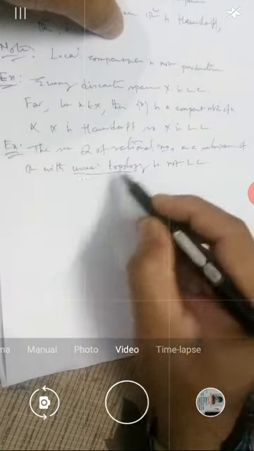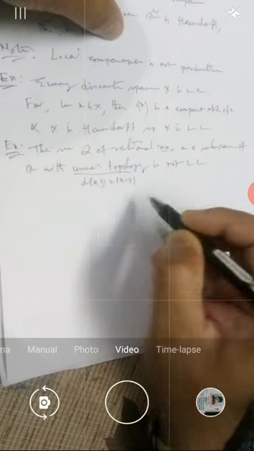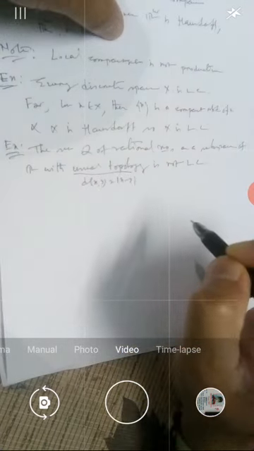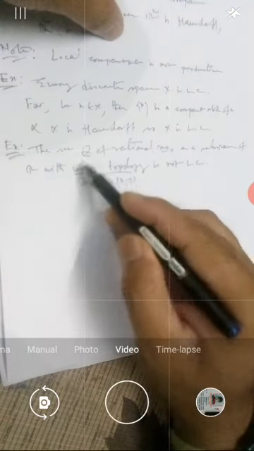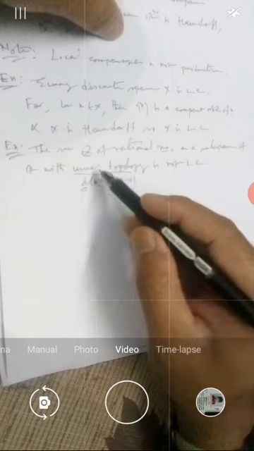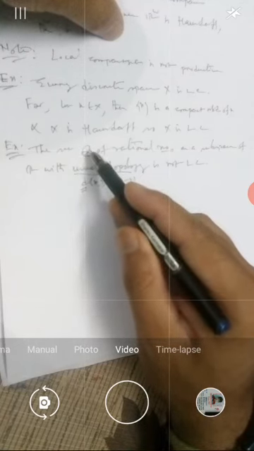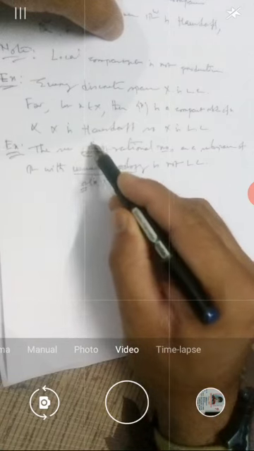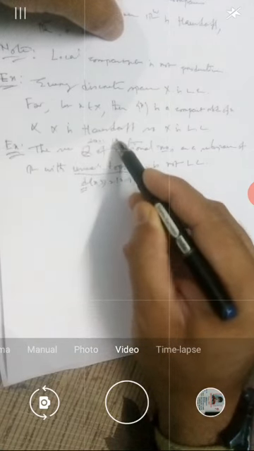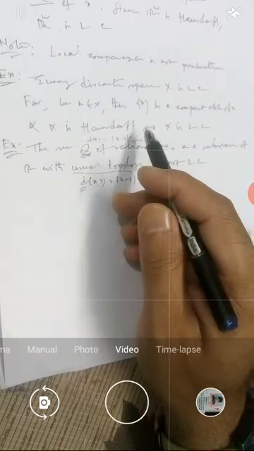We know the usual topology comes from the metric d(x,y) equal to mod of x minus y. And Q is a subspace of this. It means this tool will be used to measure the distance between any two rational numbers. That is, in Q also d(x,y) equal to mod of x minus y, where x, y are rational numbers.